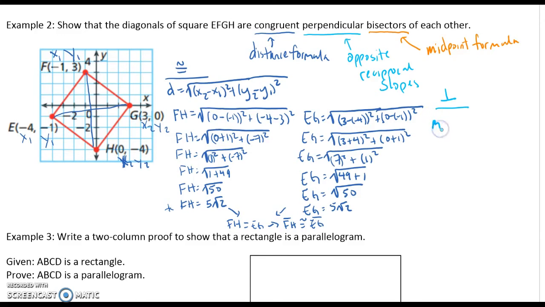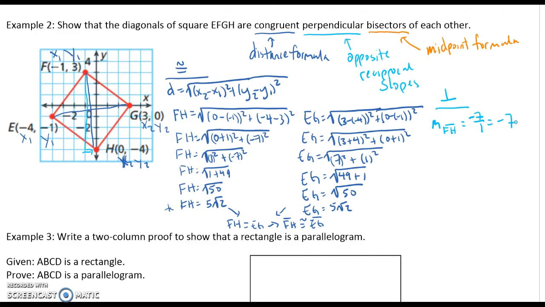Well, the slope of FH, remember what you can do is you can do slope formula, or you can count rise over run, which is what I'm going to go ahead and do here. I'm going to go down and over, and I see that's down 1, 2, 3, 4, 5, 6, 7, and over 1. So I'm going to go down 7 over 1 to get a slope of -7. Now, what would the opposite reciprocal of that be? That's going to be our aim for EG.